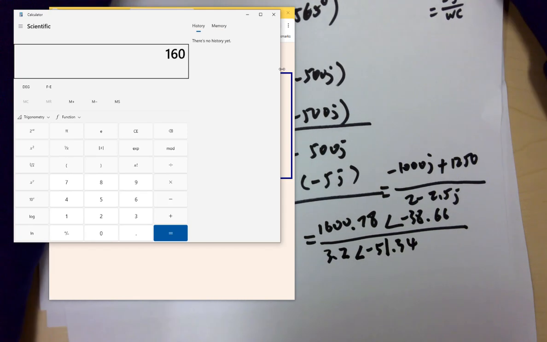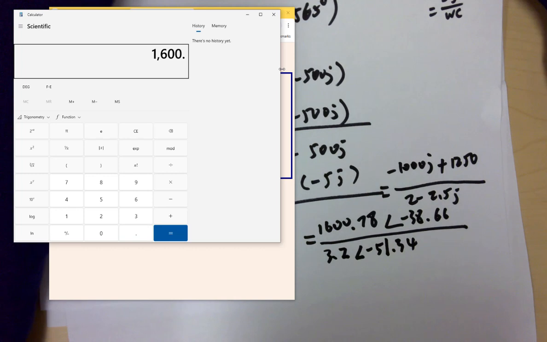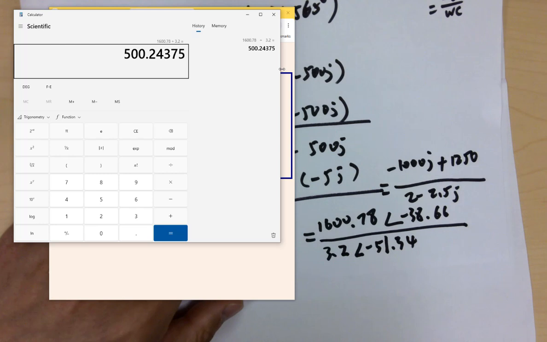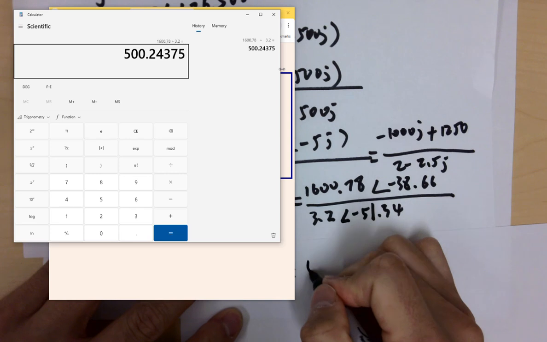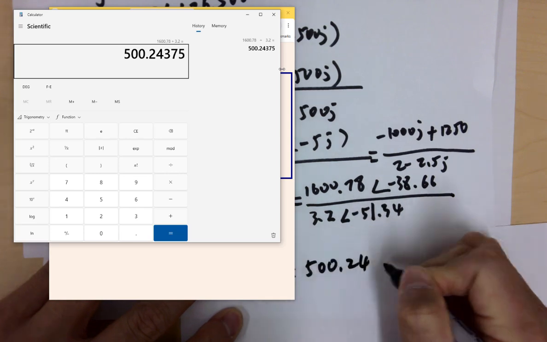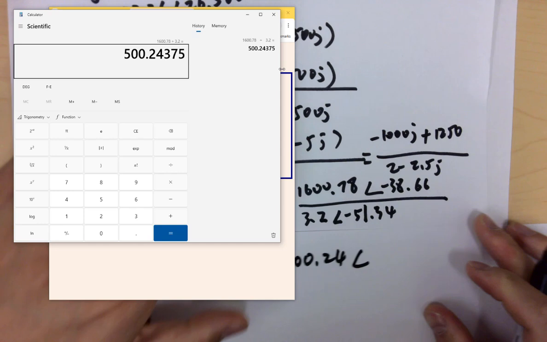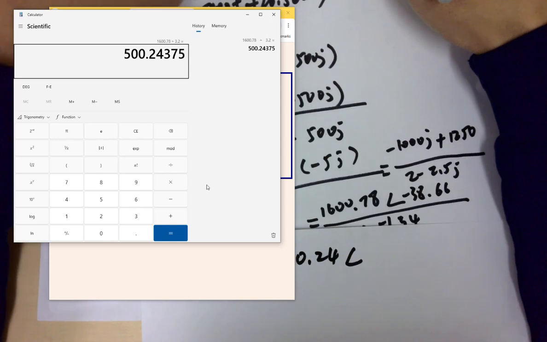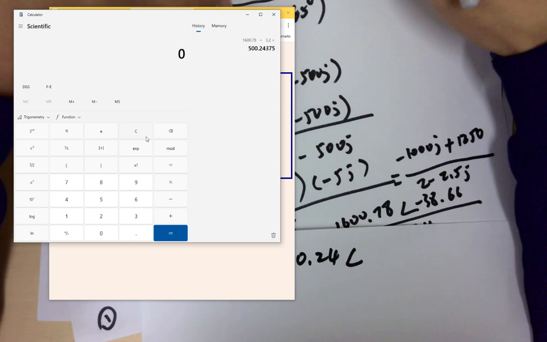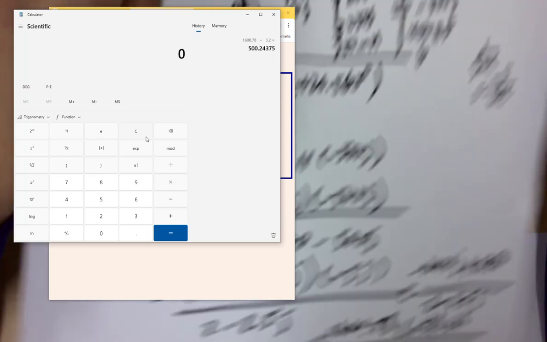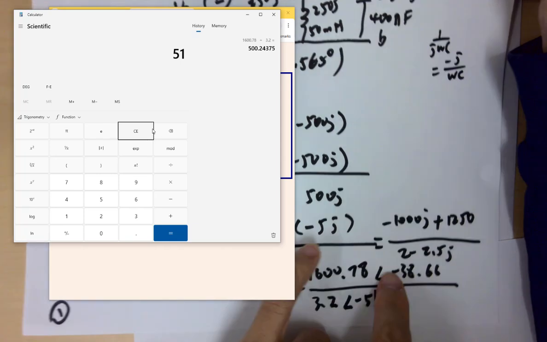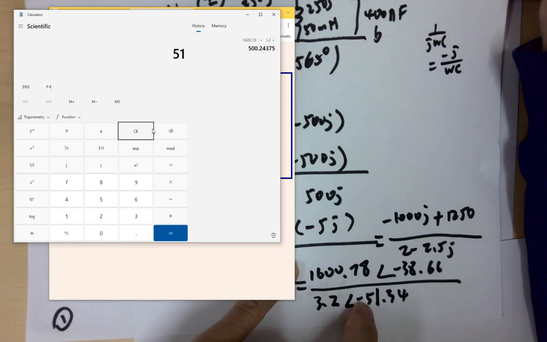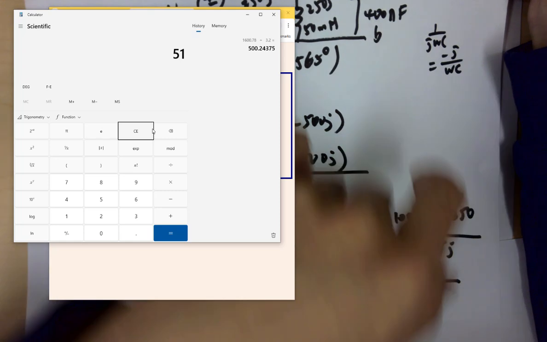It's 1600.78 divided by 3.2, which is 500.24, and the angle is this subtract this, which is basically 51.34 minus 38.66, because the minus sign is getting canceled.